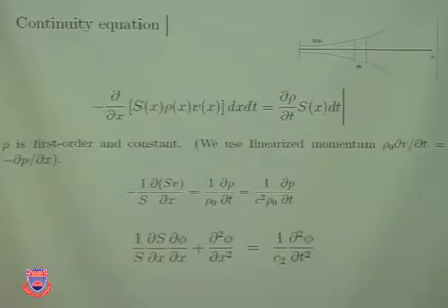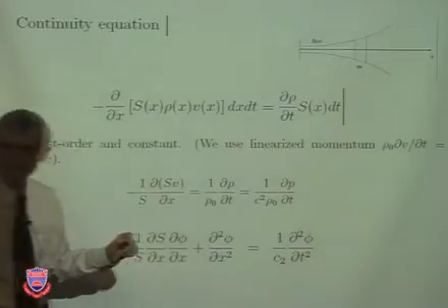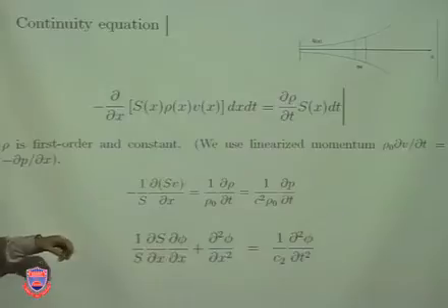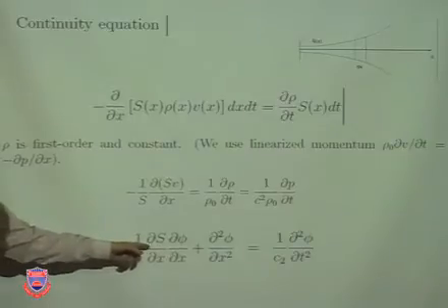This is the equation that we use for describing the velocity potential in a horn. You can see on the left-hand side the spatial dependence, and on the right-hand side the time dependence. Now, what is S?